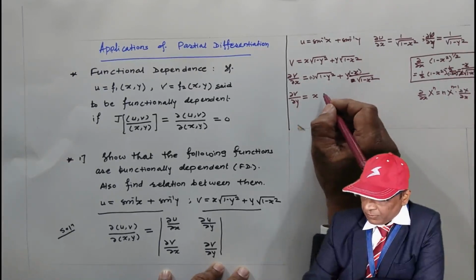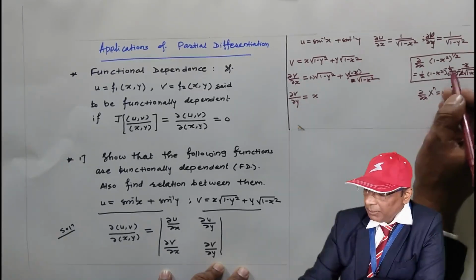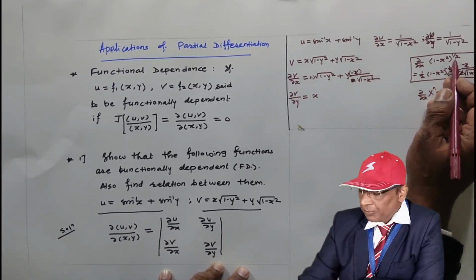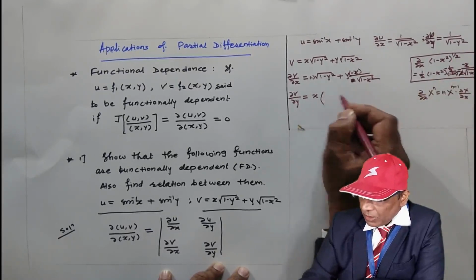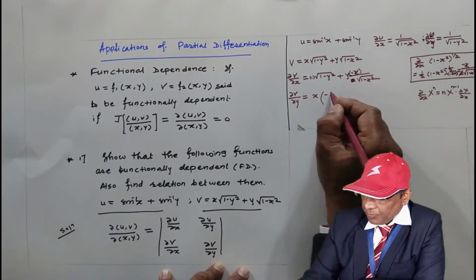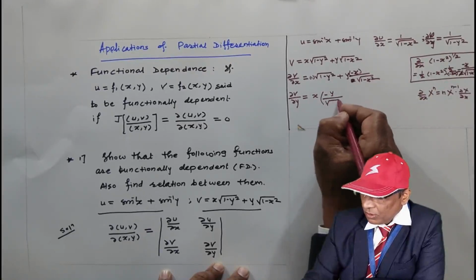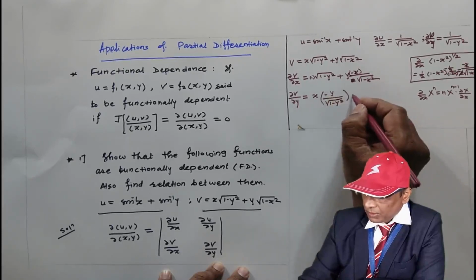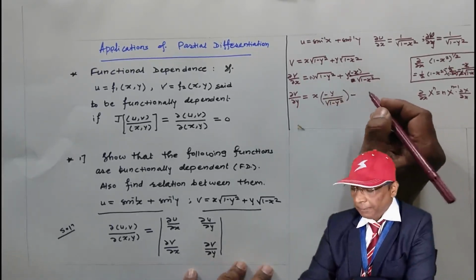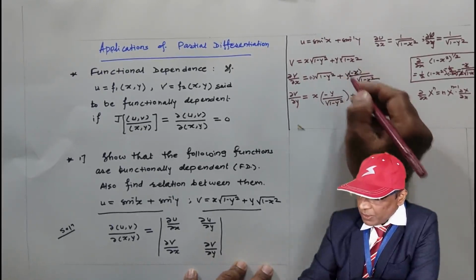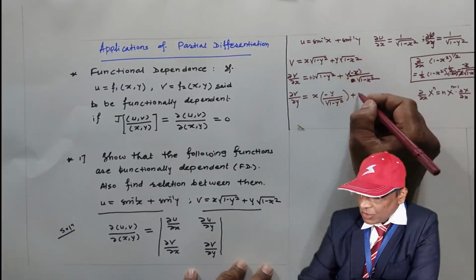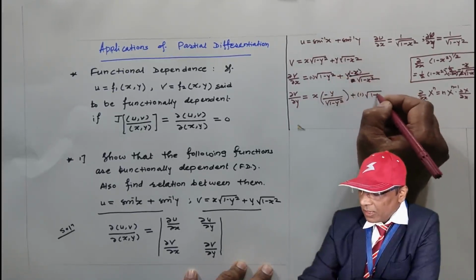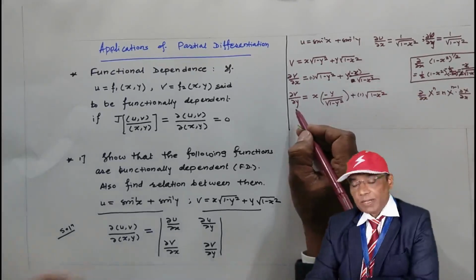Okay. Now similarly, the derivative of 1 minus y square raised to power 1 by 2 with respect to y will be what? Just like this, minus y by under root 1 minus y square. Now the derivative of y with respect to y, keeping x constant, is 1, and 1 minus x square is a constant because we are taking the derivative with respect to y.